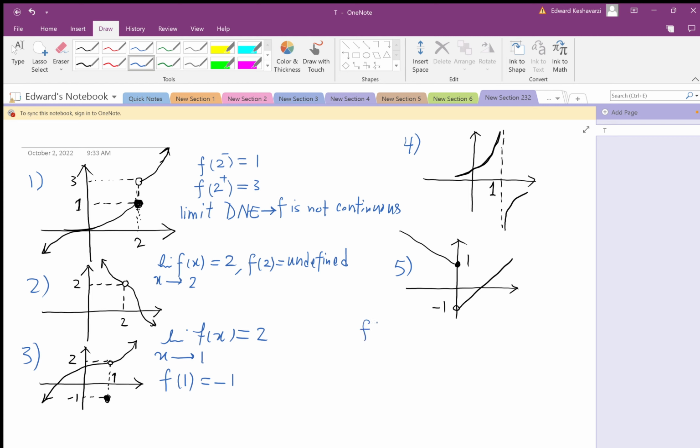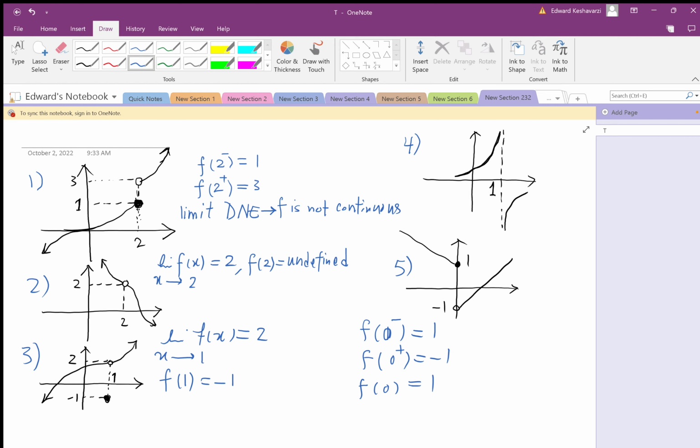So left limit at 0 is 1, and right limit at 0 is -1, and f of 0 is also 1, but actually we don't care about f of 0 in this case because limit already does not exist and function is discontinuous.